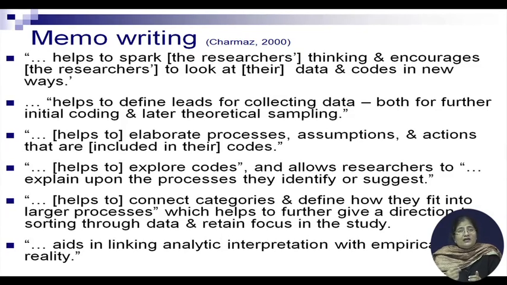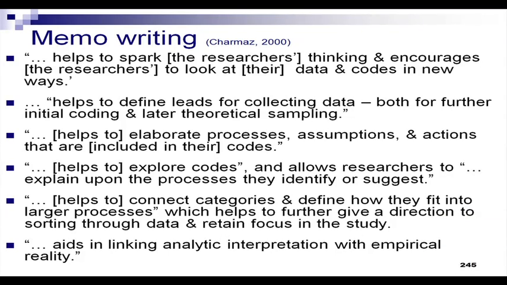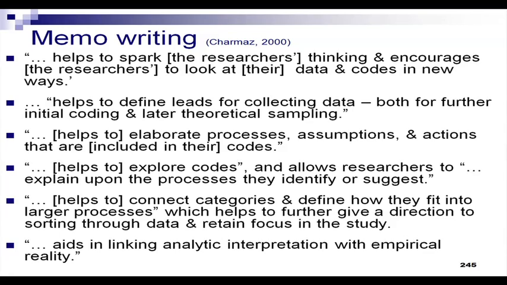It also helps to explore codes and allows researchers to explain the processes they identify or suggest. So we go through, we understand codes and then we expand upon the processes that these codes identify or suggest. Then it also helps to connect categories and define how they fit into larger processes, which helps to further give a direction to sorting through data and retain focus in the study.